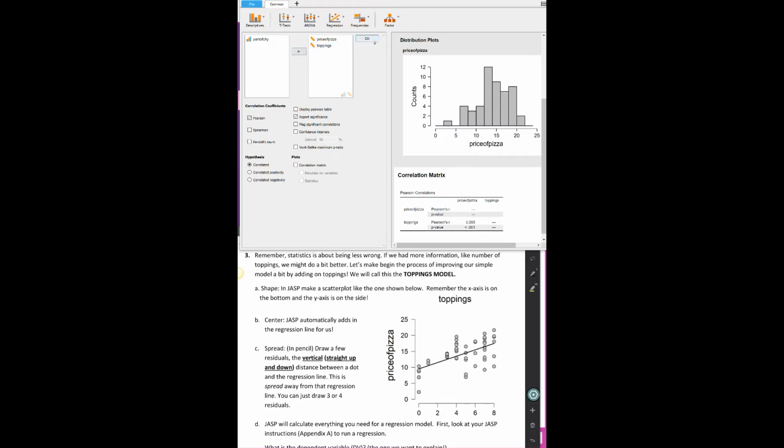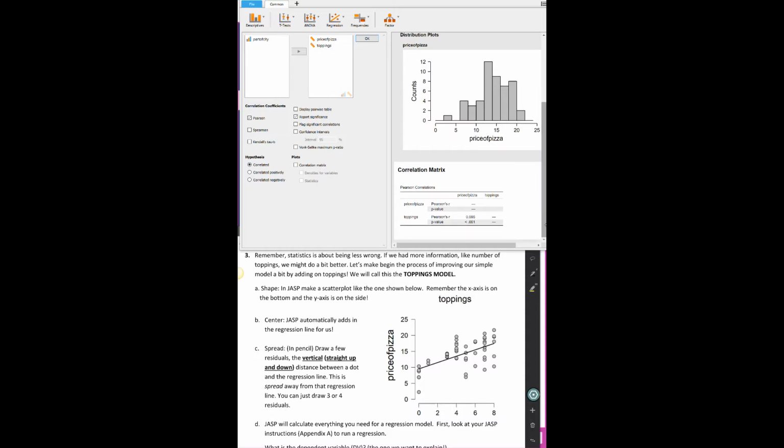Now I still don't have that graph, so to get that, I'm going to go under Plots and select Correlation Matrix.